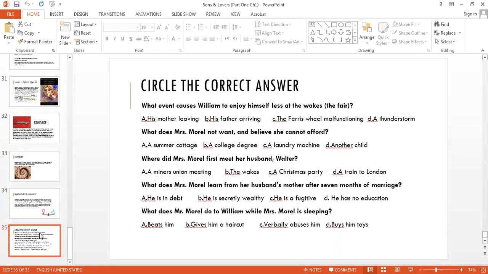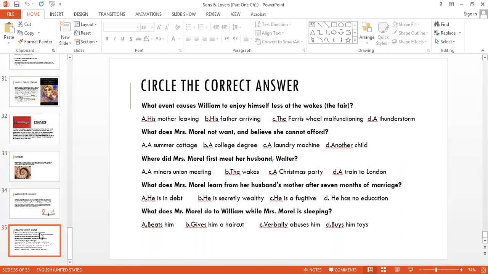A summer cottage, a college degree, a laundry machine, or another child? Yes, another child. Where does Mrs. Morel first meet her husband, Walter? A miners' union meeting, the wakes, a Christmas party, or a train to London? Very good, a Christmas party.